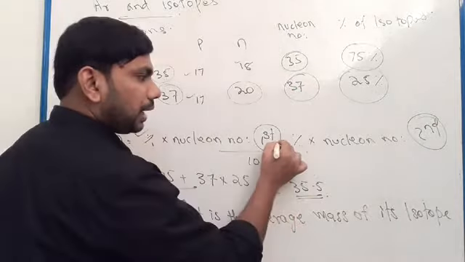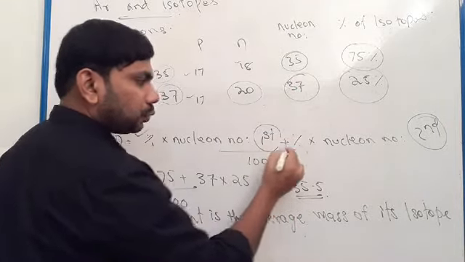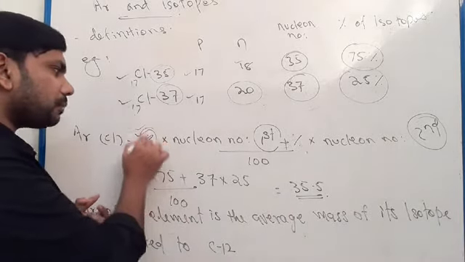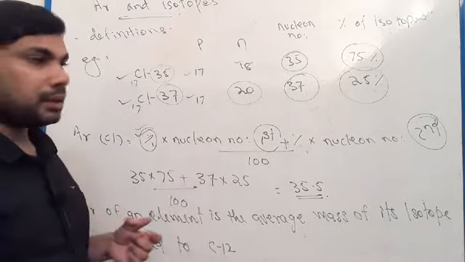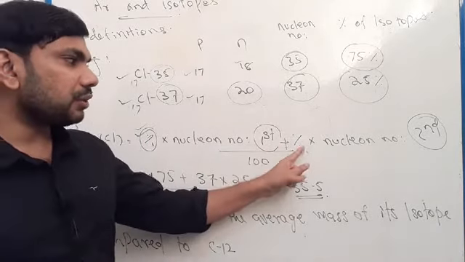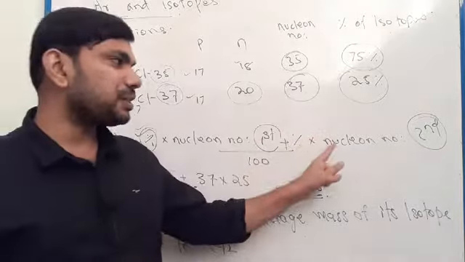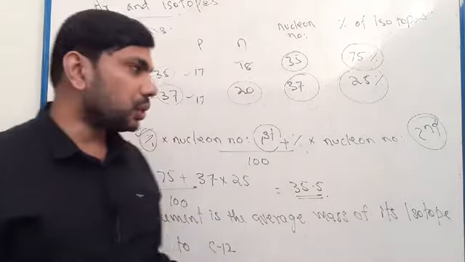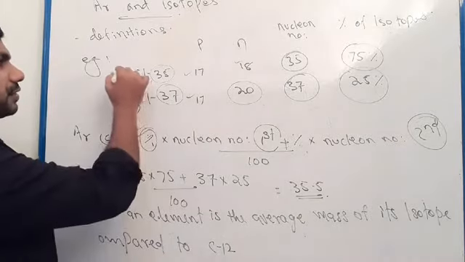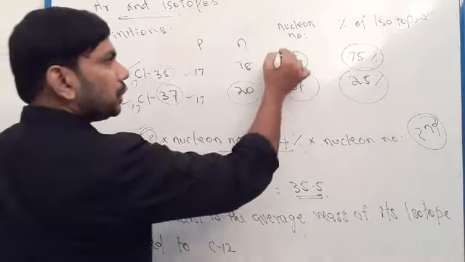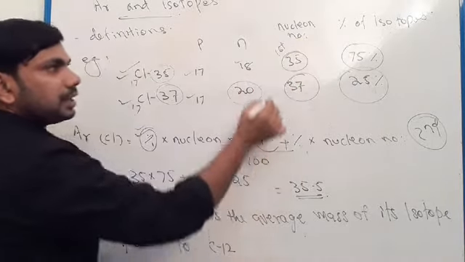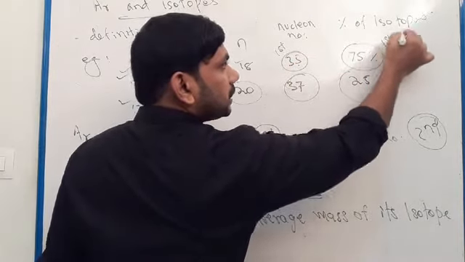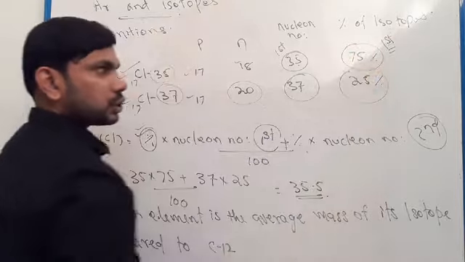You have to add the percentage of availability of the first isotope times its nucleon number, plus the percentage of availability of the second isotope times the nucleon number of the second isotope.